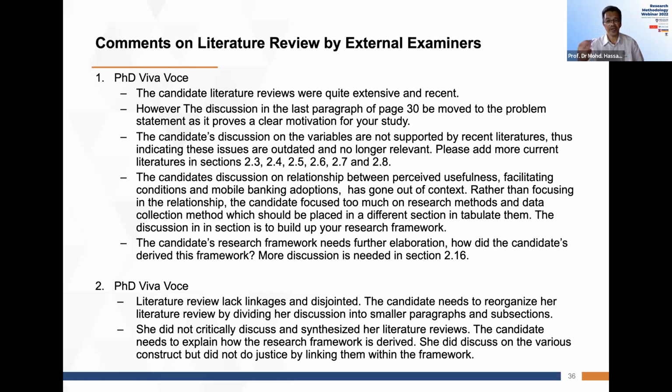For example, in entrepreneurship, we would love to see writings or works done by Timmons, Lambing, Kaplan, and Lumpkin, right? Because normally the external examiner is someone who specializes in that area.